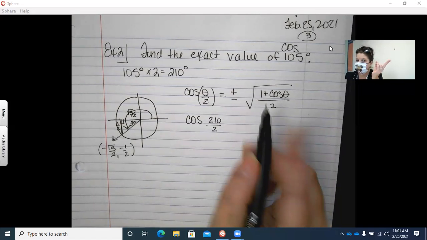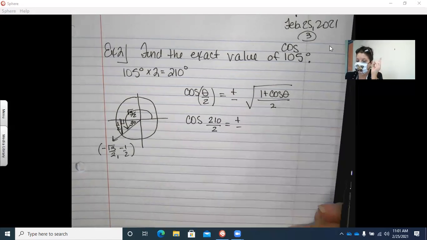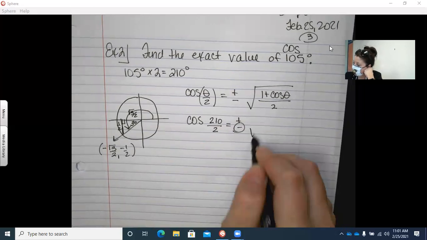So what's the cosine going to be for an angle in the second quadrant? Also negative. So we know we're going to end up picking negative, right? So I don't need to say both the whole time, or I can, but I need to pick one and end. So instead of 1 plus the cosine of theta, we're going to have 1 plus negative square root of 3 over 2, all over 2.